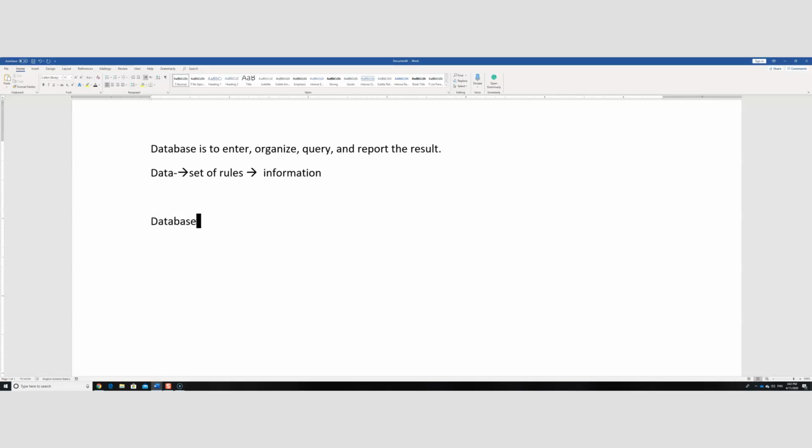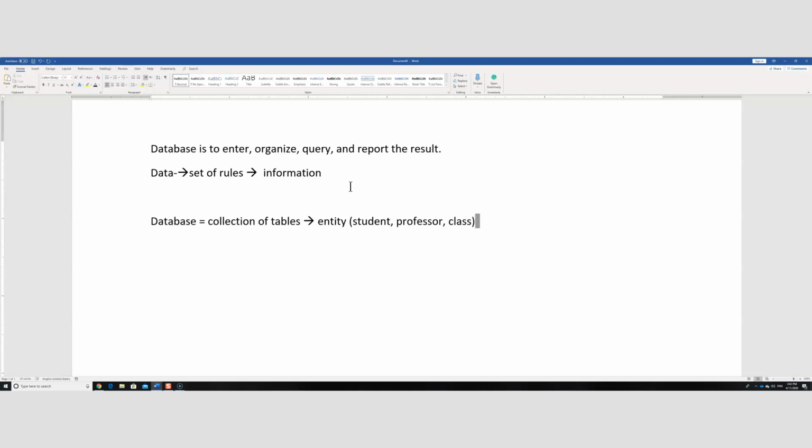A database is made of a collection of tables. Tables that represent, in the real world, an entity. For example, a student is an entity, a professor is another entity, a class is another entity.